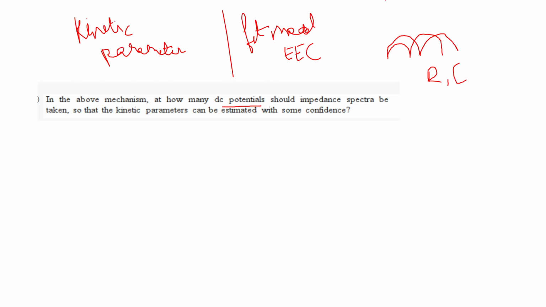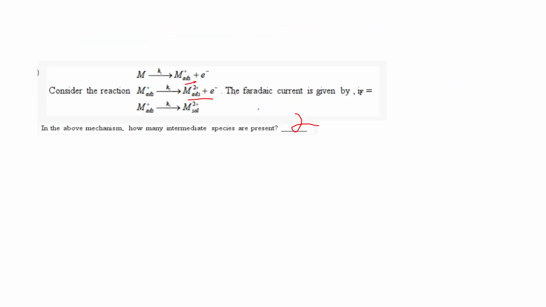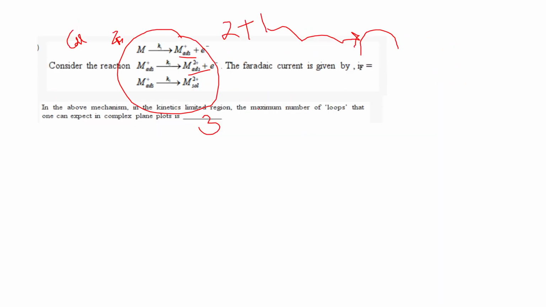Okay, so here if you see in this mechanism, so how many DC potentials? This is the mechanism, right? So tell me how many kinetic parameters are involved in this? Kinetic parameters in the sense from the model.